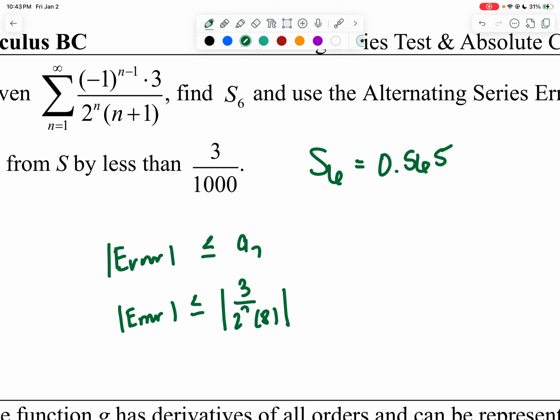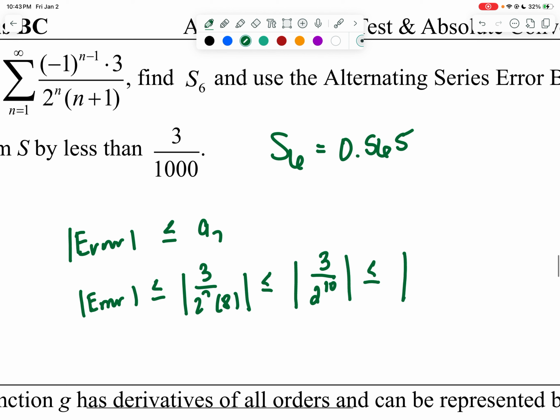Now, here's the problem. Unfortunately, I do not know if this is definitely less than 3 over 1,000, right? So what you need to do is make sure that you know for a fact that this is less than 3 over 1,000 by simplifying this. So 2 to the 7th times 2 to the 3rd is 2 to the 10th, which is 1024.